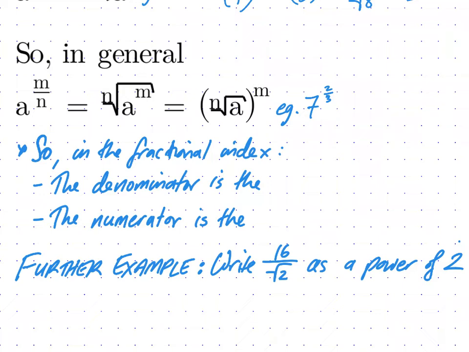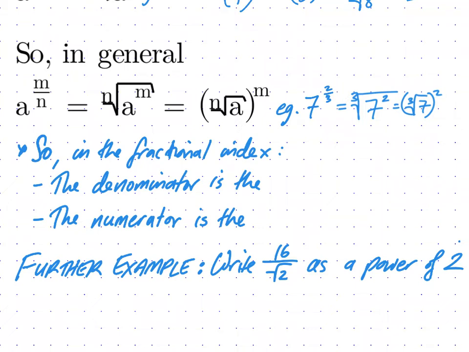This is also equivalent to that level of root with the base number all to the power of that numerator. They're the same thing. So if we had an example here, 7 to the power of 2/3 is equivalent to, the denominator is 3, so we're talking about cube root, over the base number 7, and that base number 7 is being squared because that's the numerator. That is also equivalent to cube root of 7 all squared. They're exactly the same thing.